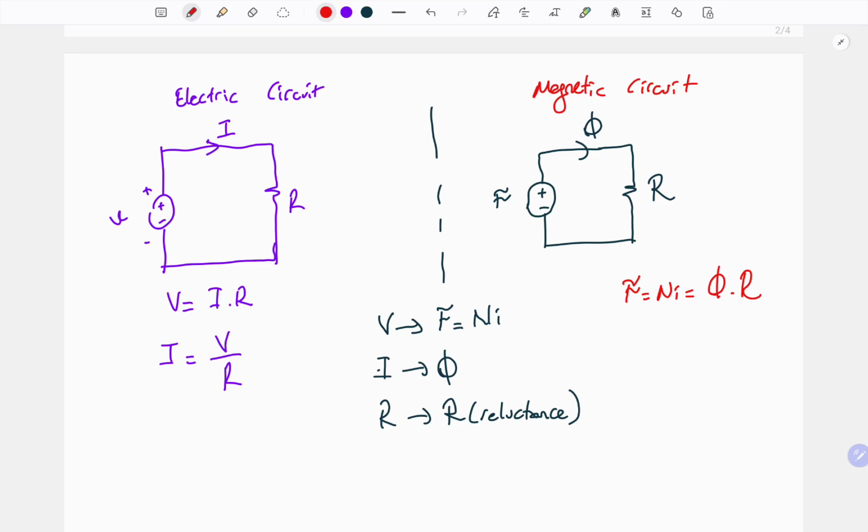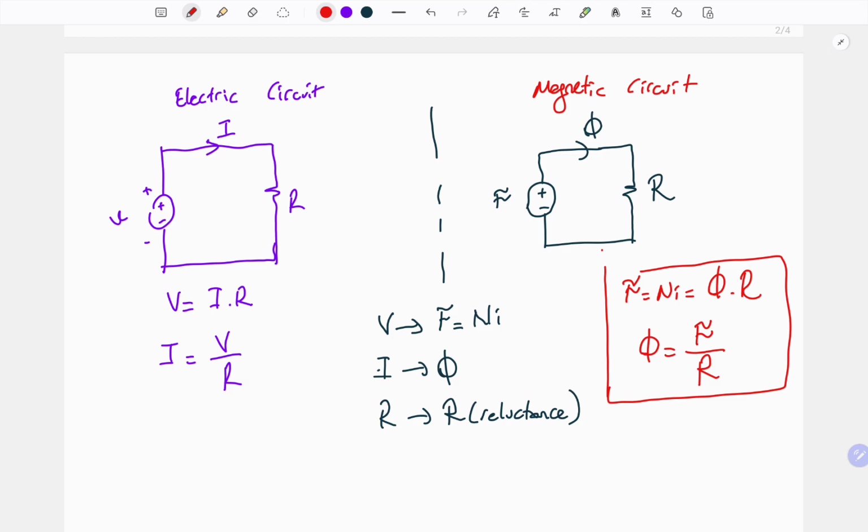Or, for the second expression, instead of I we have flux, equal to the magnetomotive force divided by the reluctance value. So by using this analogy, these equations can be used for calculations in magnetic circuits. We have the magnetomotive force, which is N times I coming as supply, and then phi.